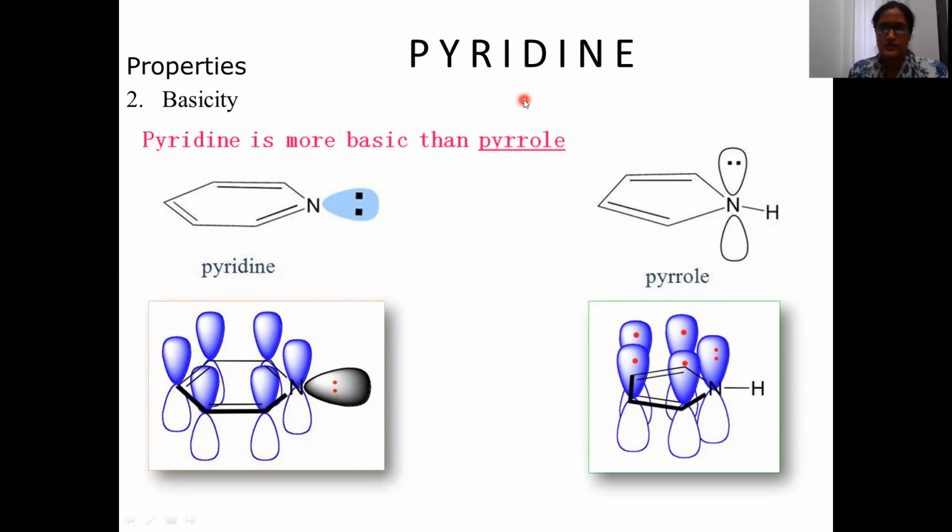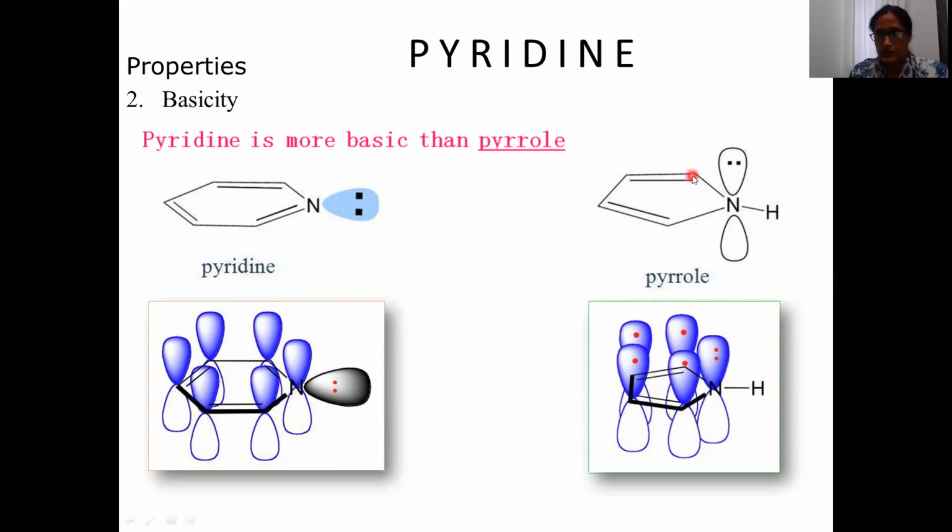As we discussed in the previous heterocyclic compound discussion, pyrrole also contains nitrogen as a heteroatom in a 5-membered heterocyclic ring, and pyrrole is also basic in nature. That's why we compare the basicity of pyridine and pyrrole. Which one is more basic? Pyridine is more basic than pyrrole. What is the reason behind this?